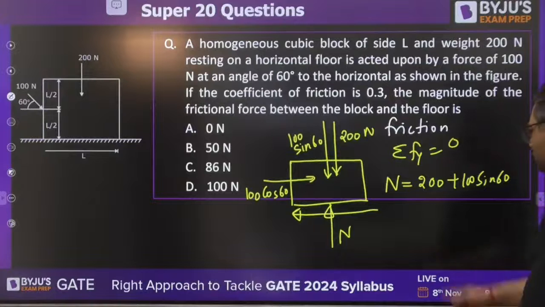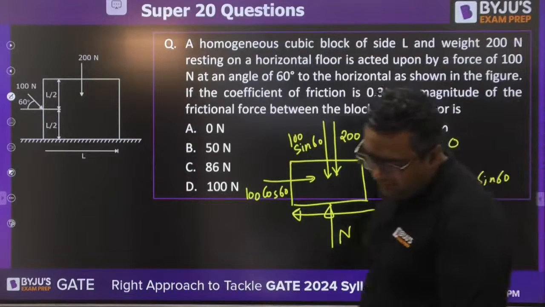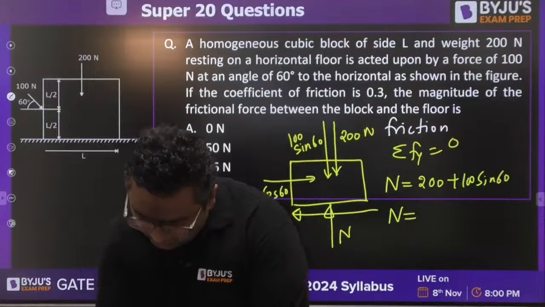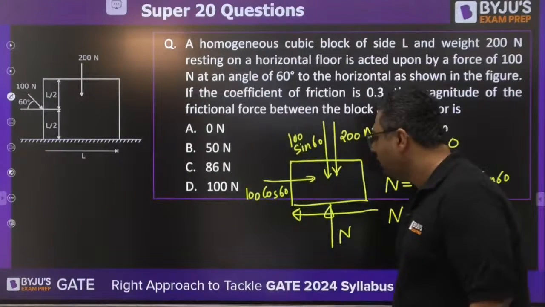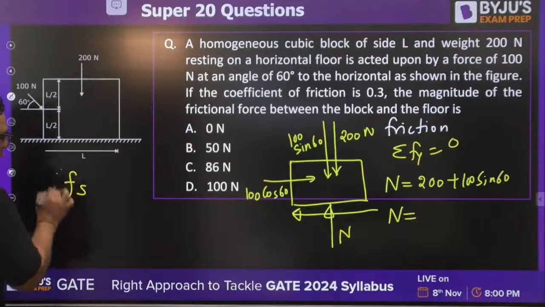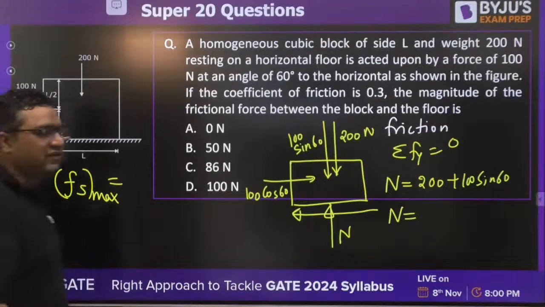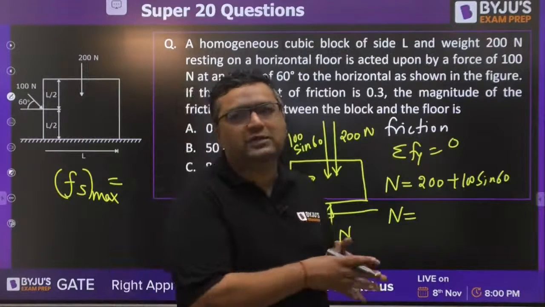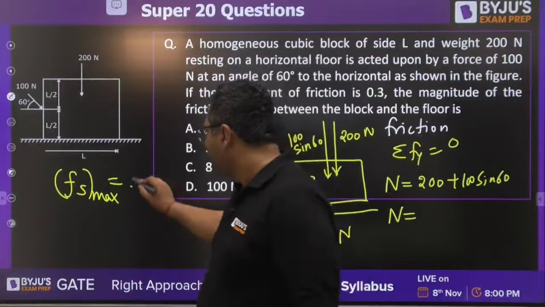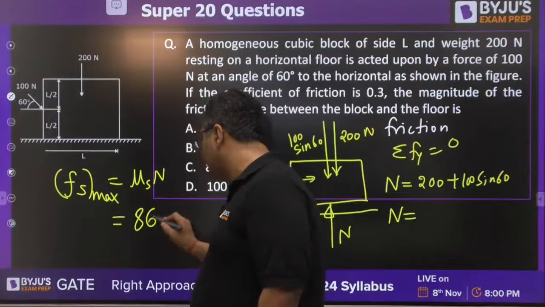So when you solve it, you will get the value of N, and you can find out directly the static friction maximum value. You know, static friction is also called a shape-shifter. Static friction maximum value is mu s into N. So when you find this out, the answer will come out to be 86 Newton.